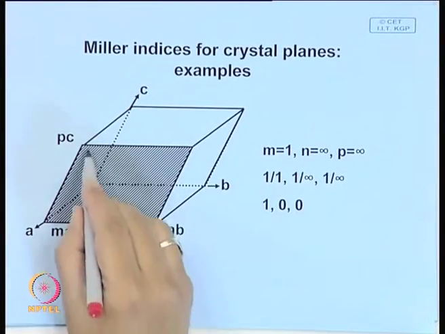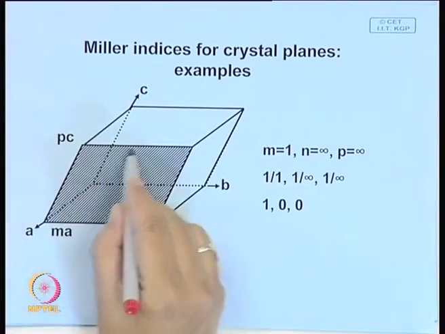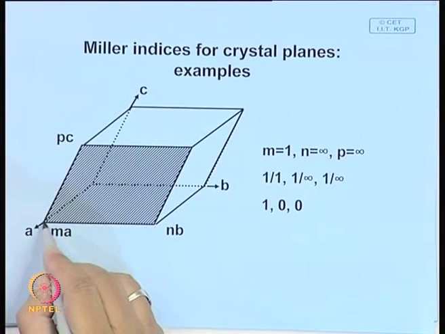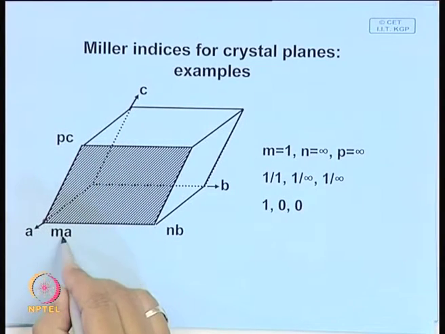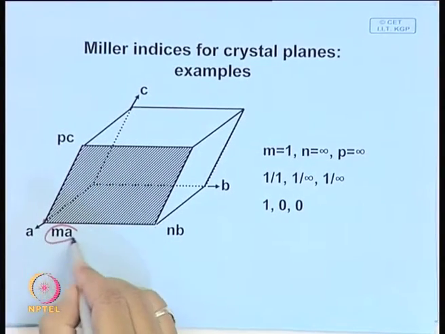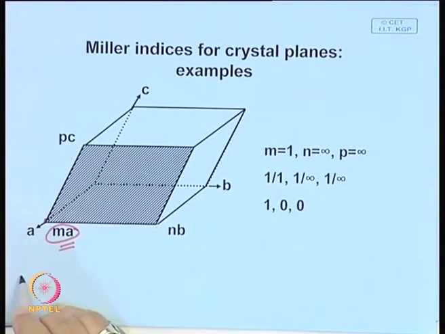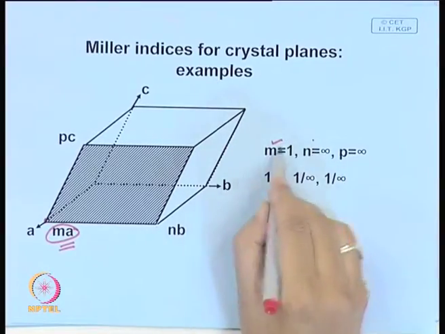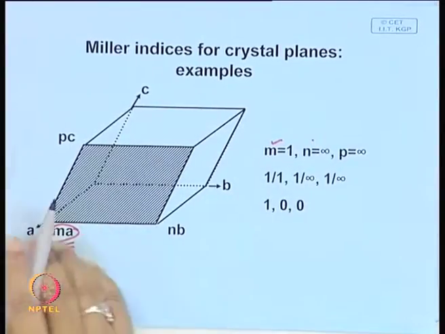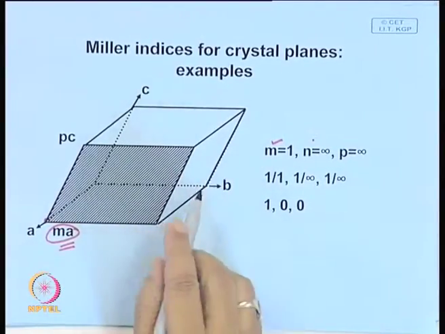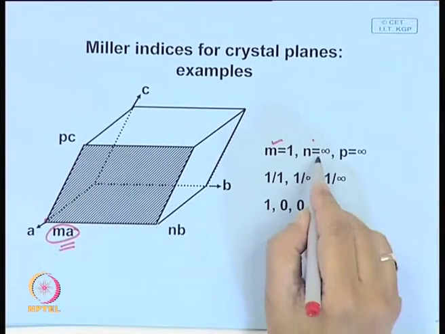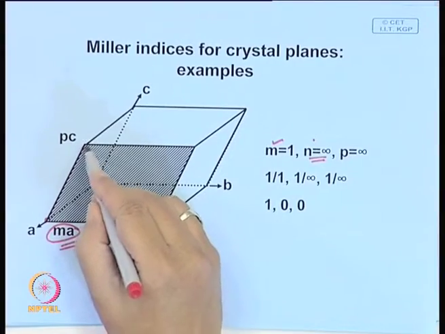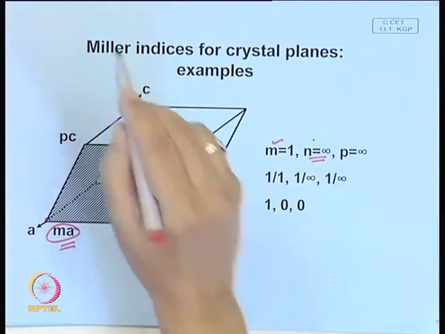Look at this crystal and let us try and find out the Miller indices of this face, which intersects only the x axis at a point m a. Now, write down these numbers m, n, p. Since it is parallel to B, it intersects B at an infinite distance. So, n is infinite. Similarly, it intersects C at infinity.